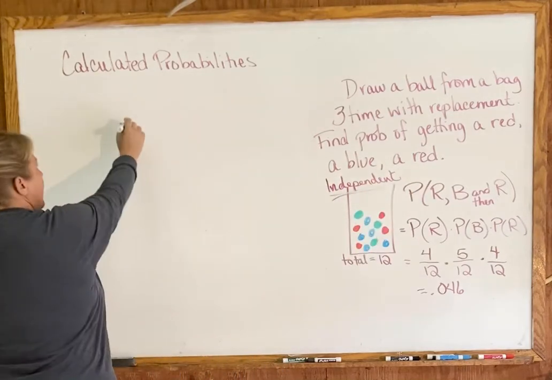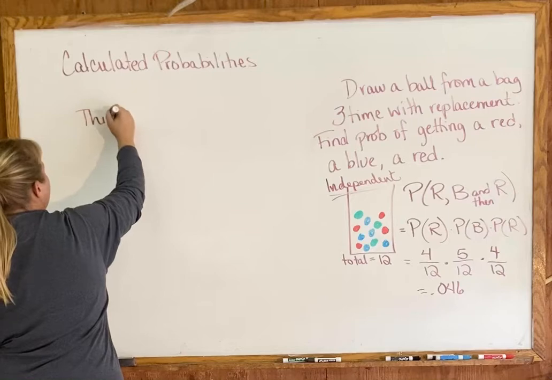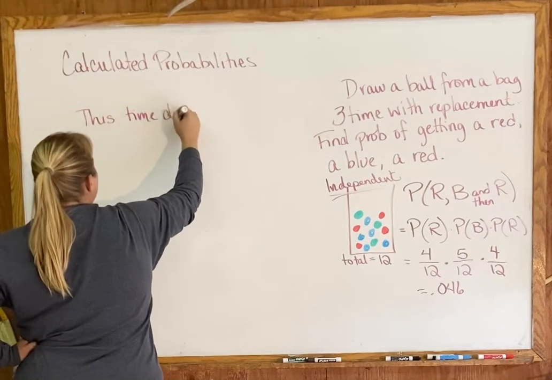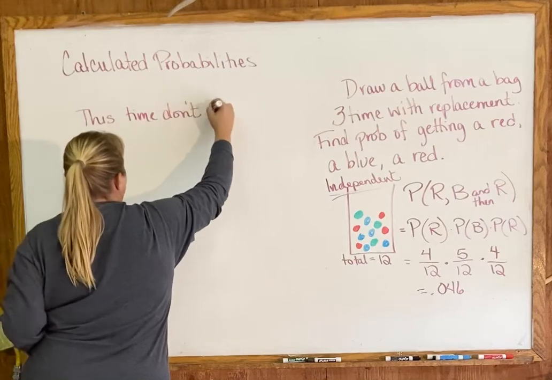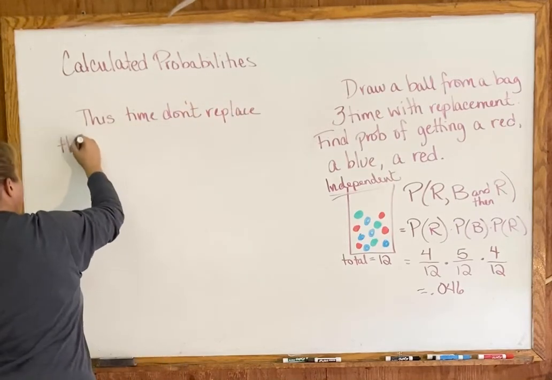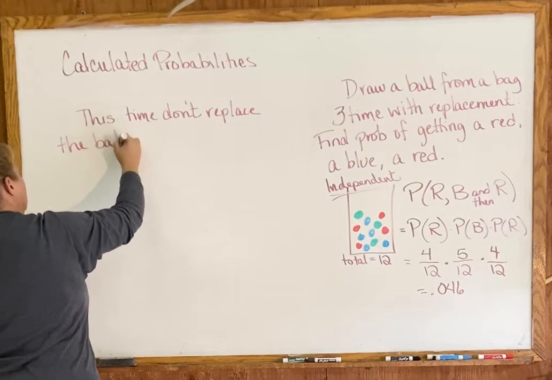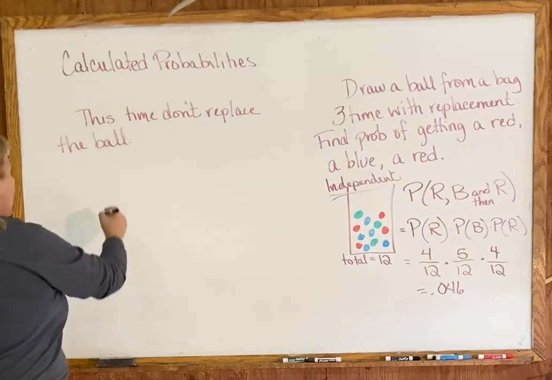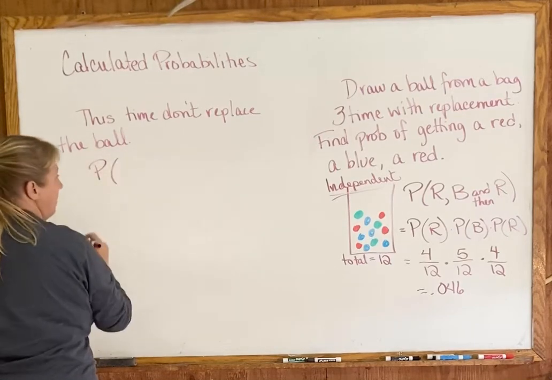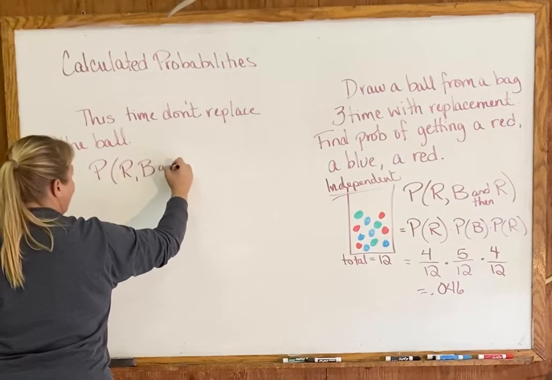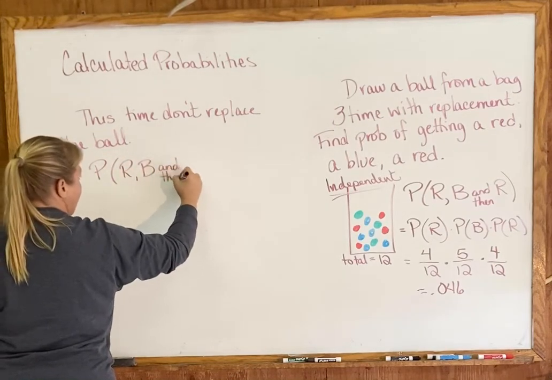So what if I say this time, don't replace the ball. Okay, this time don't replace the ball. Now, again, I want you to find the probability of getting a red, a blue, and then a red.